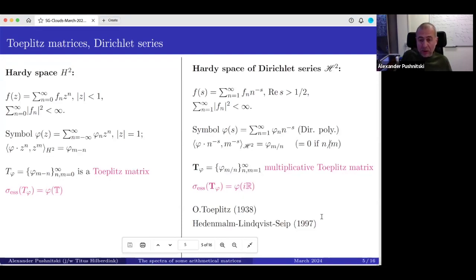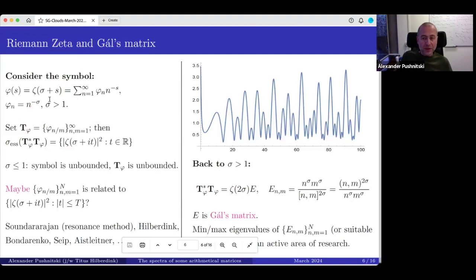So now I want to come back to the LCM GCD matrices. Okay, so let's consider the following symbol. Let's take the symbol, which is just the Riemann zeta. So let's take sigma, an exponent greater than 1, and take phi n just n to the power minus sigma. Okay, and then I write down the Dirichlet series expansion for the Riemann zeta function. And now I regard this as a symbol. Okay, I know it's not a Dirichlet polynomial, but let's be generous.